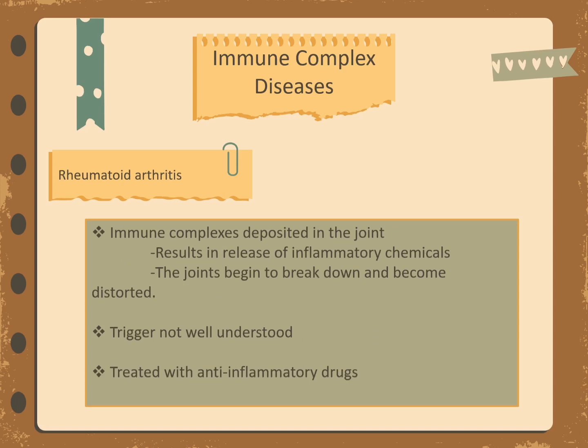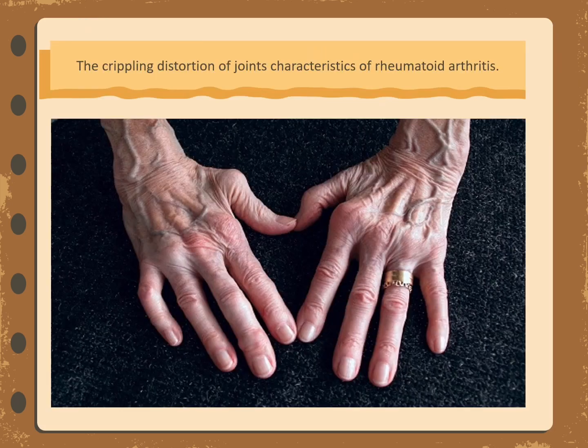For the third, rheumatoid arthritis. Immune complexes deposited in the joint result in release of inflammatory chemicals. The joints begin to break down and become distorted. The trigger is not well understood and it is treated with anti-inflammatory drugs. This picture represents an example of rheumatoid arthritis.